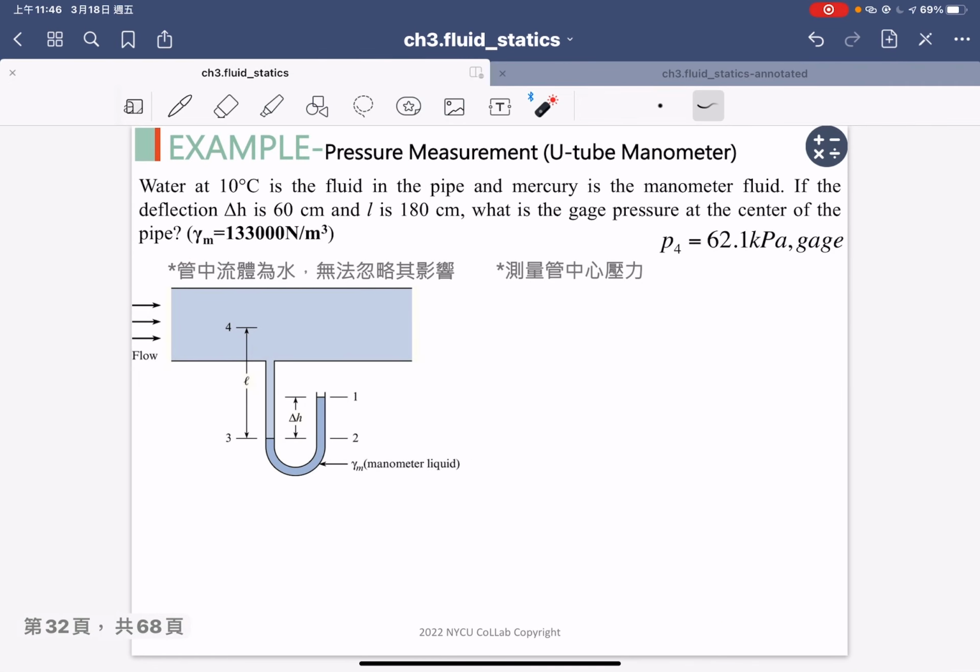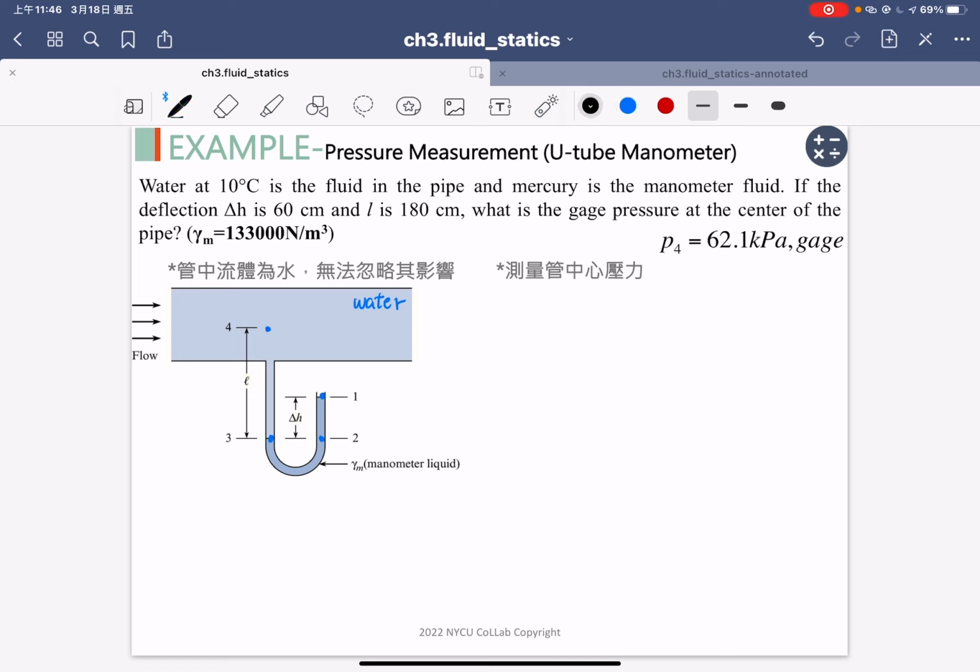So this is the second question. As you see, right now I replace the gas by the water, so the inside material is the water. Again, we know that we have P1, P2, P3, and P4.